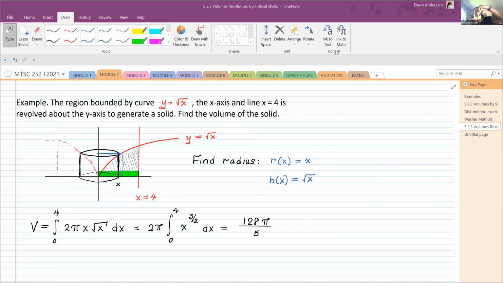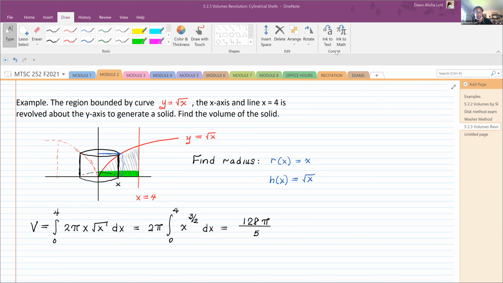Volume by disk takes whatever region you have and rotates it about the axis. What we're doing right now is volume by shells. It also does a rotation about an axis. So I want to do a next problem.